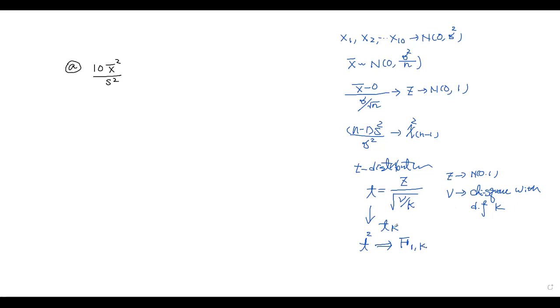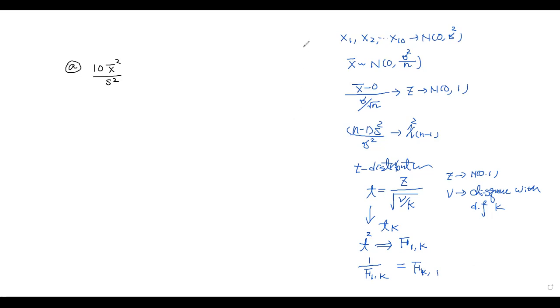And the last thing we're going to use: if you take 1 over F of 1 and k, if you flip it, this will be the F distribution with k and 1. You just flip the numerator and denominator degrees of freedom.